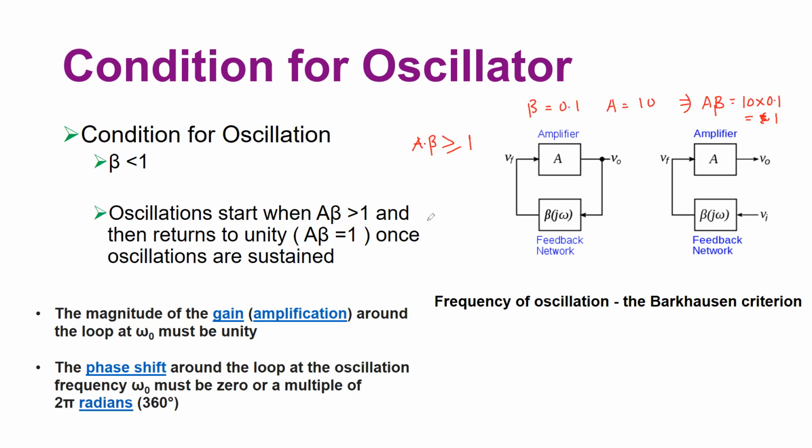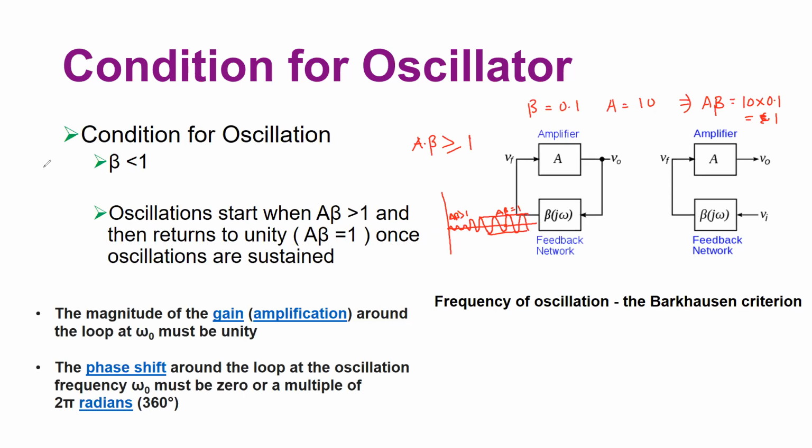So you have a signal like this for the oscillation. You start like this with a slowly increasing oscillation, then you have a sustained period, and then a stabilization there. So in this period A beta is equal to 1. That's how it gets there.